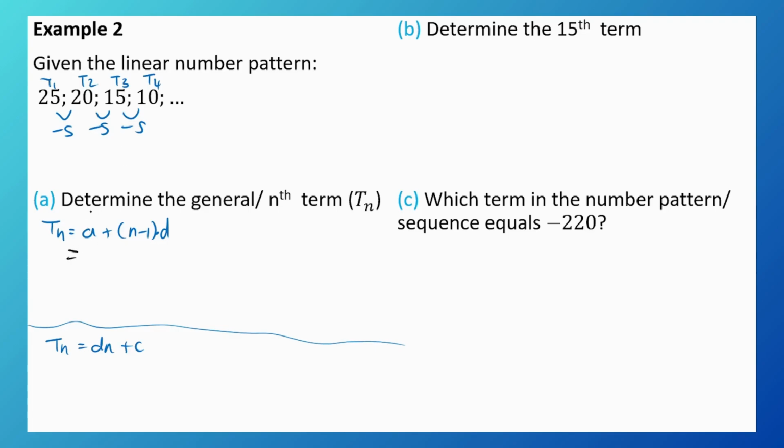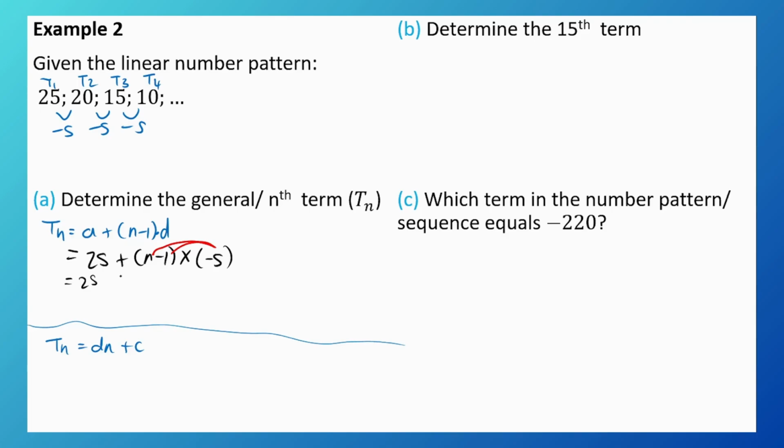Okay, so A is your first term, which is 25, plus A minus 1 stays, and you are multiplying with -5. I specifically put the multiply sign there because otherwise we get confused and we forget that that -5 needs to be multiplied into the bracket. That's also a common mistake that we see. Okay, you multiply the -5 into the bracket.